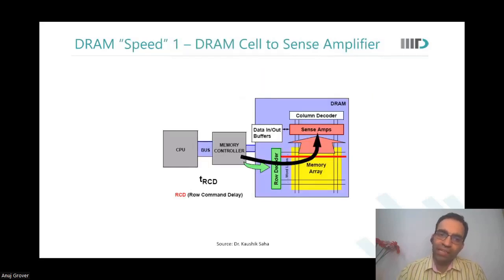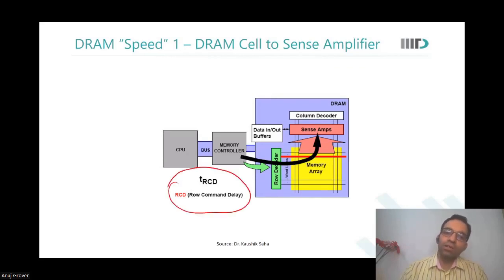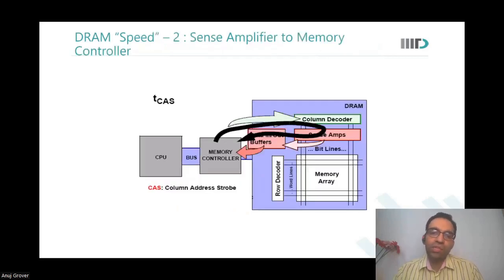So if you look at it in terms of timings, there is this first timing called row command delay, TRCD, which means the row decoders were activated, the bit lines were discharged, and something was latched onto the sense amplifiers. Then you do TCAS, in which the memory controller sent the address to the column decoder, and then the sense amplifier sent back the output to the memory controller. That is TCAS.